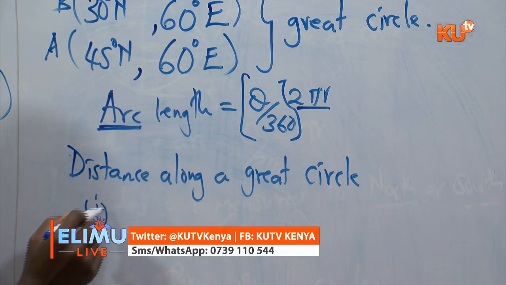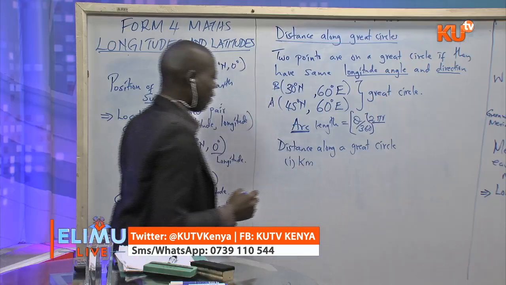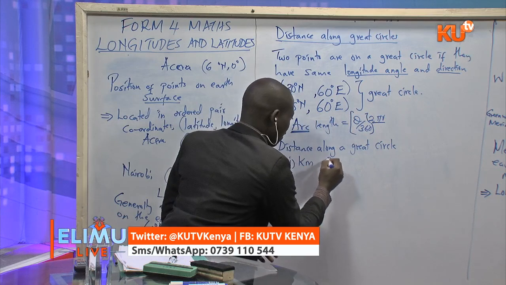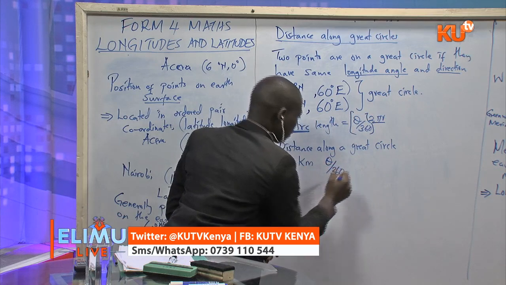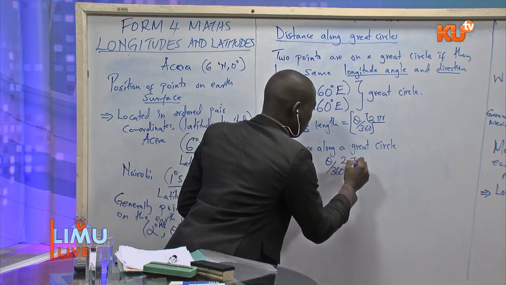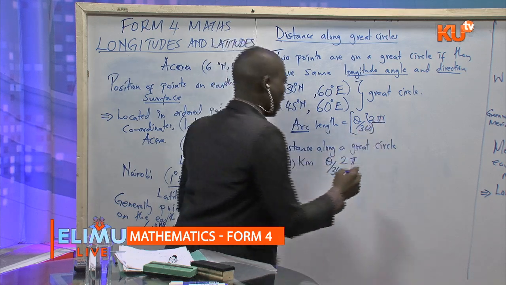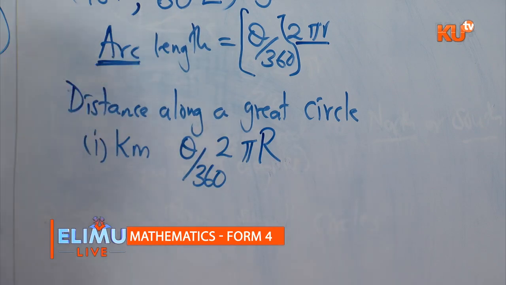Number one, in kilometers, because we can have distance in kilometers. So we have the formula theta over 360, then 2 pi, and now we will replace this r with the capital R, the radius of the Earth.